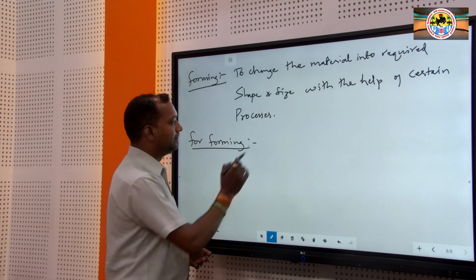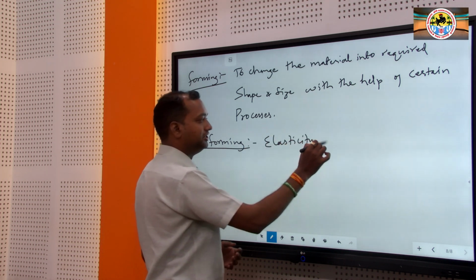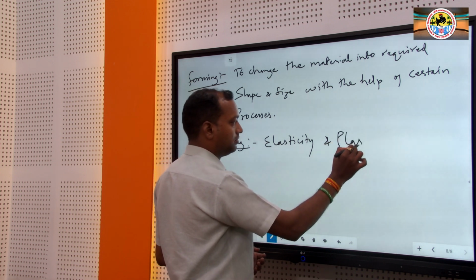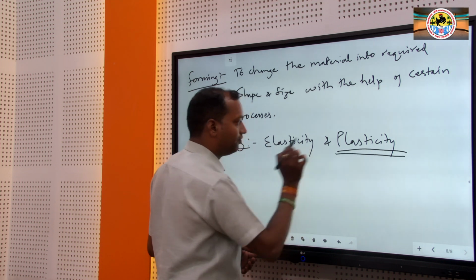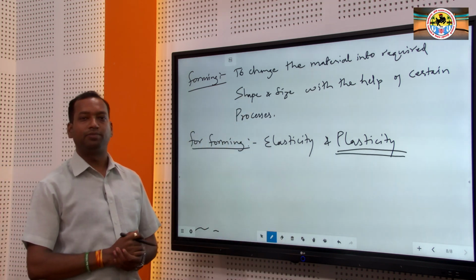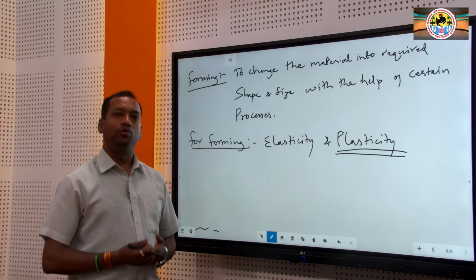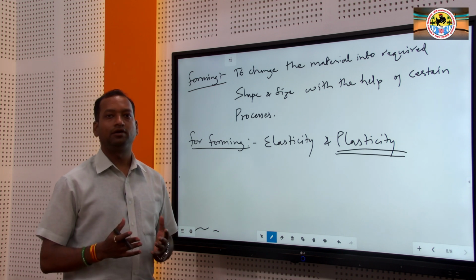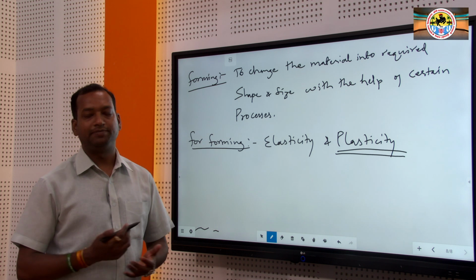We already studied about elasticity and plasticity. So, the basic requirement for a forming operation is that the material should be plastic in nature. The plastic deformability should be there in the material. Only then can we convert that raw material into a desired shape and size.